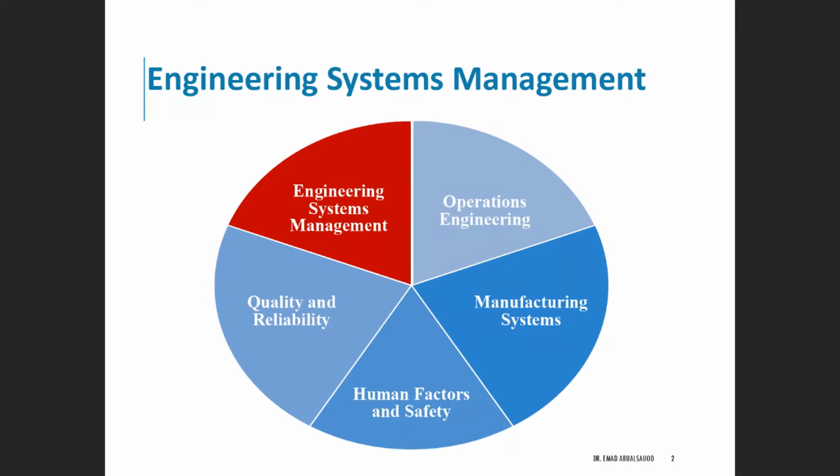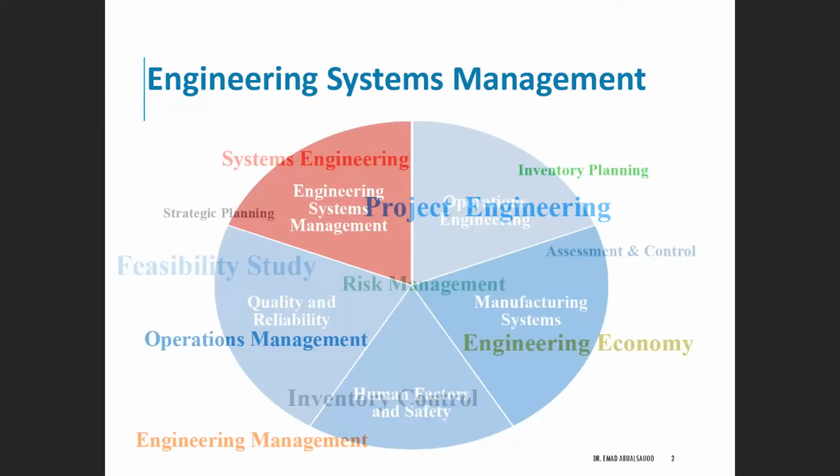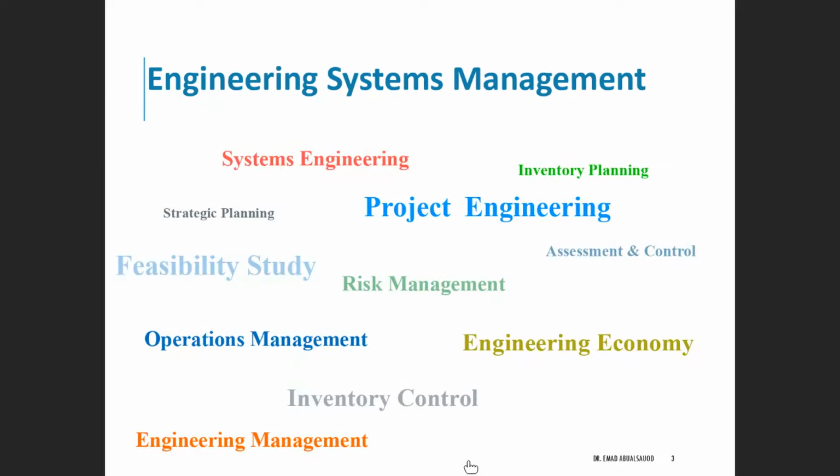The engineering system management carries, as the other areas, many principles, methods, and applications related to either engineering management or systems engineering or the engineering system management. Some call it systems engineering management, and all these are applicable since from the beginning we have talked about industrial engineering.